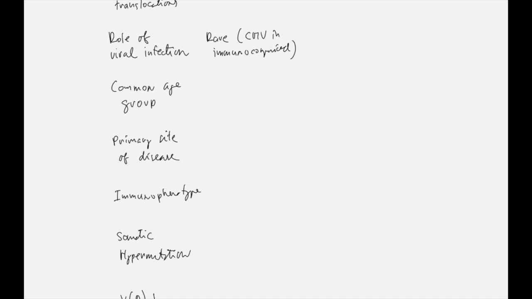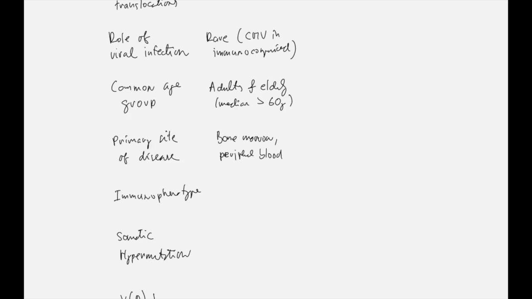Typically adults and elderly, so the median is over 60 years. Primary site of disease, that's the bone marrow. And of course, when they get out, it's in the peripheral blood, and you see many blasts over there.